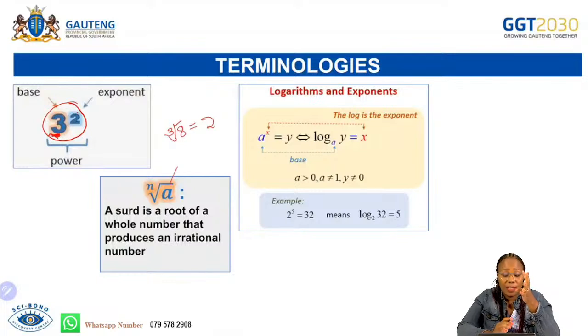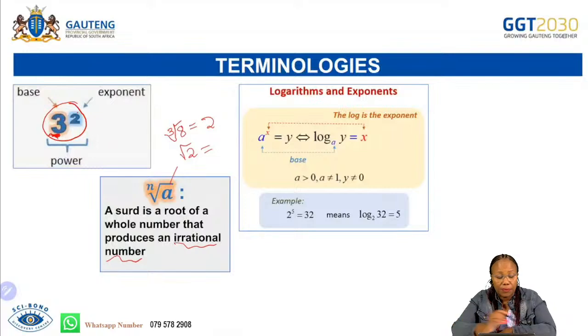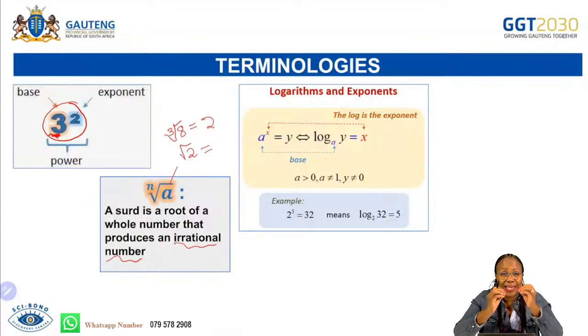Therefore, this is not a surd. It will be a surd if it gives us an irrational number. For example, the square root of 2 is 1 comma something, that is a surd. Those are the root signs that we refer to as surds. They are the ones that produce irrational numbers.